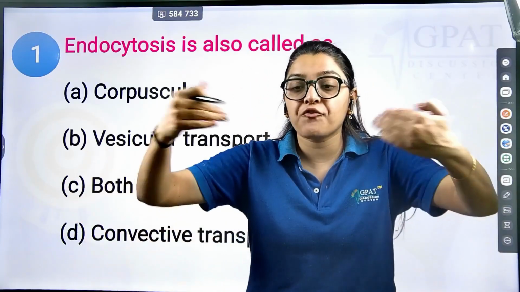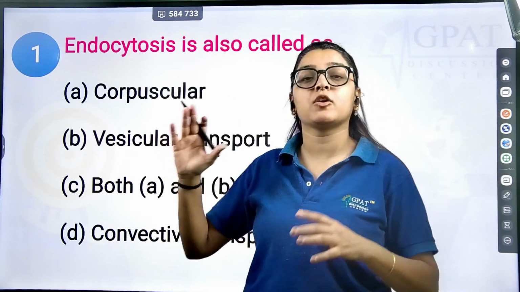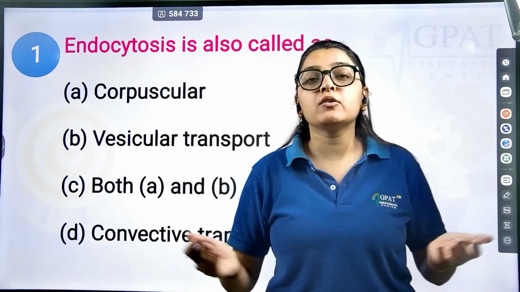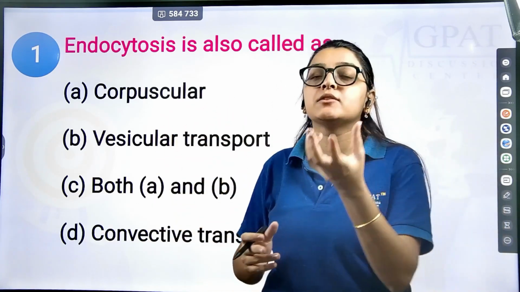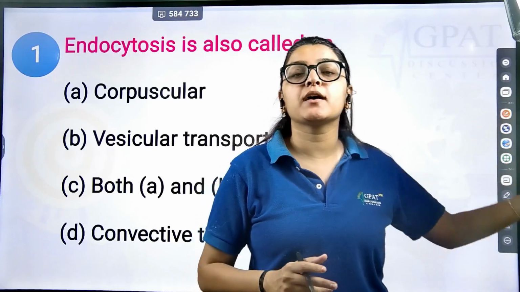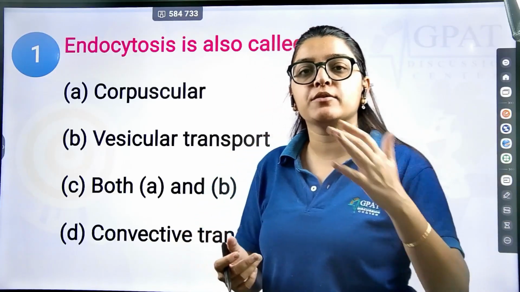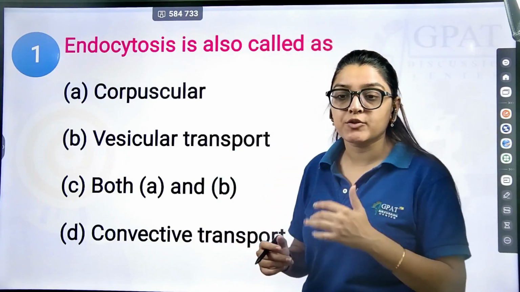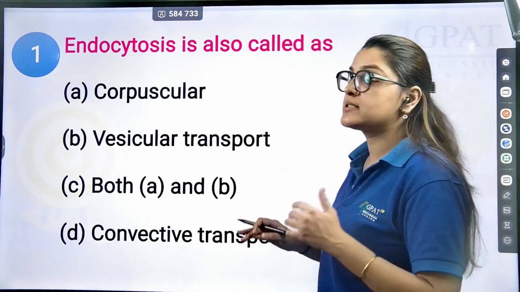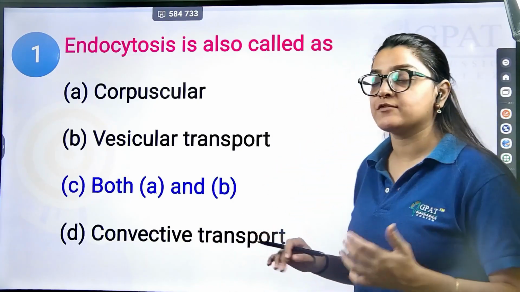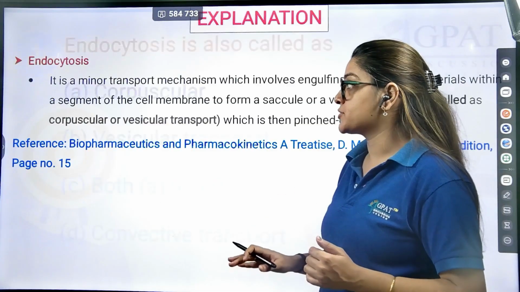So in the process of engulfing, the corpuscles are actually formed. Now they engulf the material, the drug, and then transport it across the membrane. Basically the oily or high molecular weight molecules are generally transported through this mechanism, right? So it is including both corpuscular as well as vesicular transport. Okay.